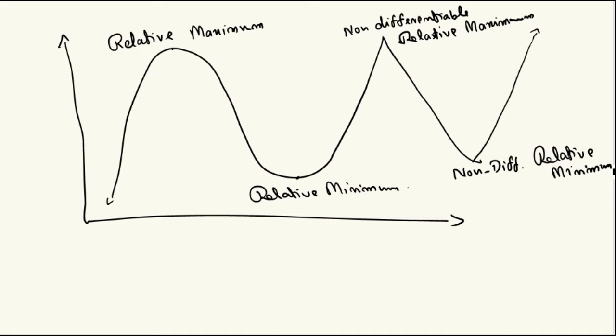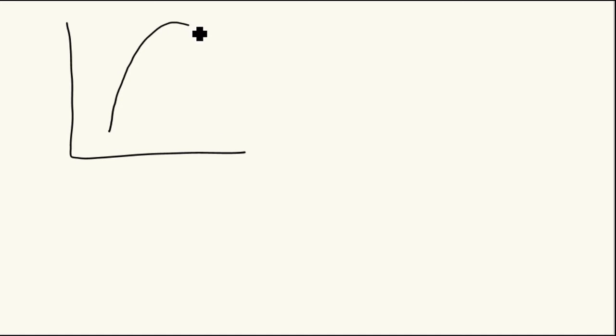Now we can find these points where there is a maxima or minima using the first derivative test. Suppose I am taking one concave up graph. Sorry, we will take concave down first. So this is your concave down.